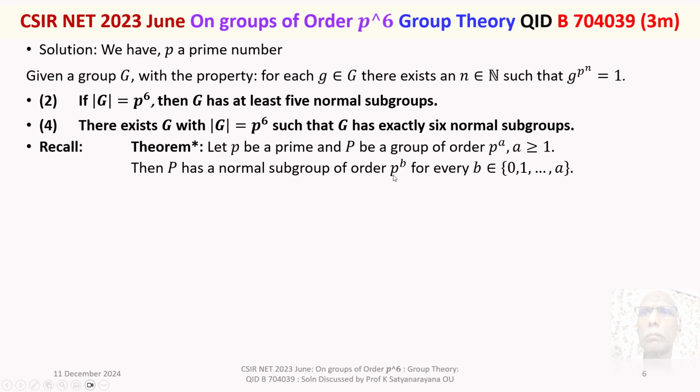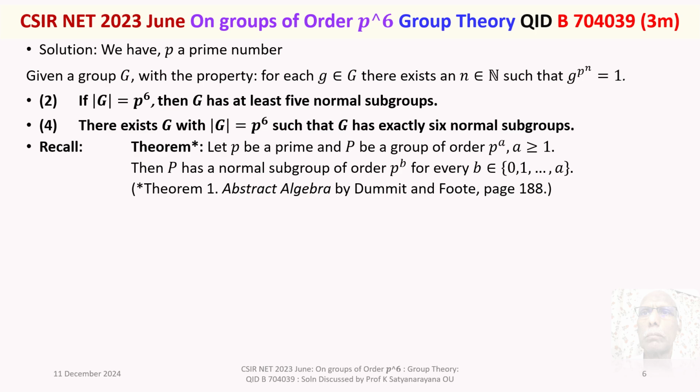That means P has normal subgroups of order p power 0, p power 1, p power 2 up to p power a. So this is the theorem that appears as Theorem 1 in the book Abstract Algebra by Dummit and Foote, which is a very important book for all the aspirants of the CSIR NET examination.